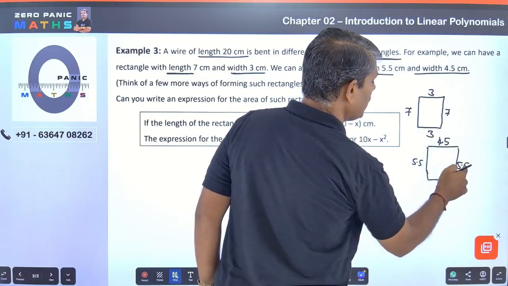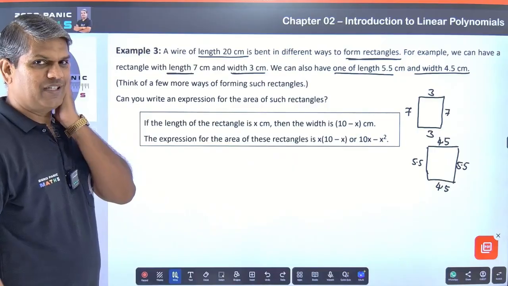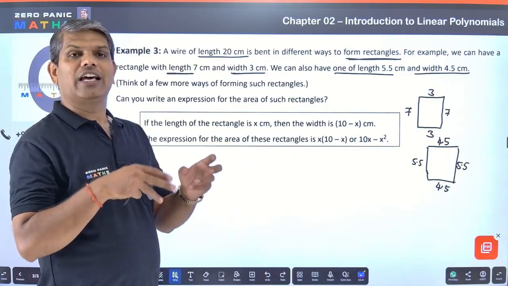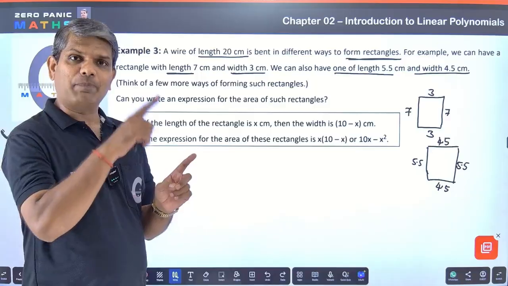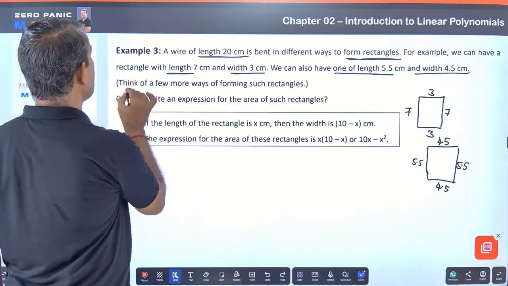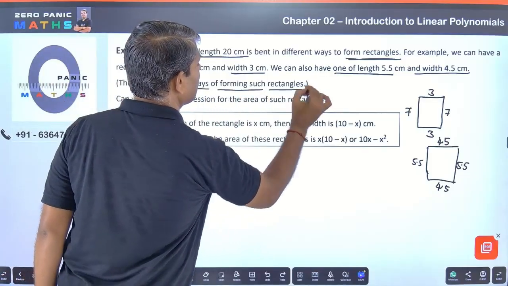Correct? 5.5, 5.5, it is 11 plus 9, that is 20 centimeter. So that way they are forming different rectangles of different length and width, so that the perimeter is a constant, that is 20 centimeter. Then they are asking us to think of a few more ways to form such rectangles.